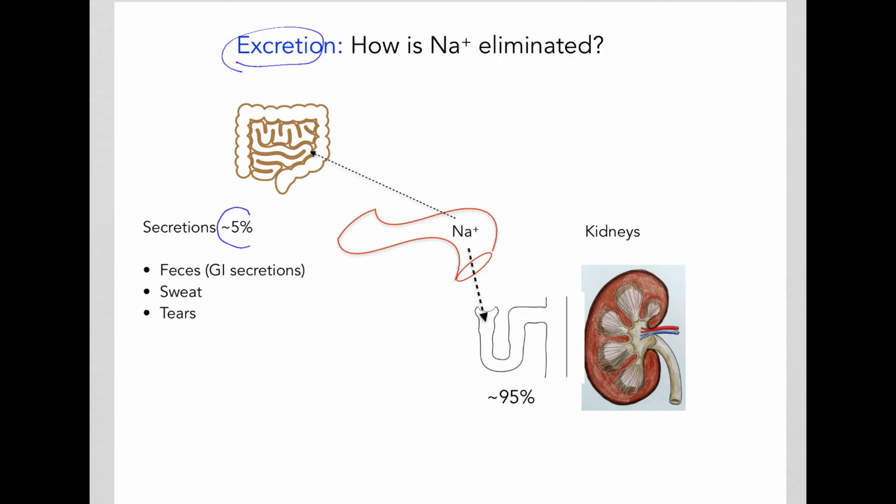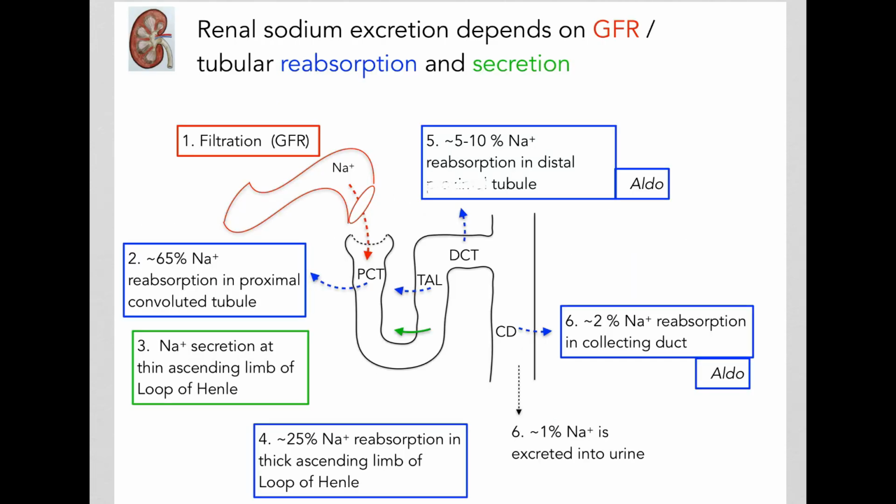About 5% of sodium is lost in the feces, sweat, as well as secretions such as tears. But most of the sodium, being very water soluble, is excreted by the kidneys. It's almost 95%. So let's look at this renal excretion of sodium.